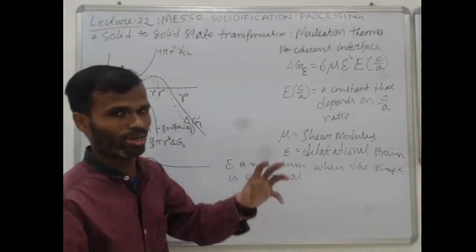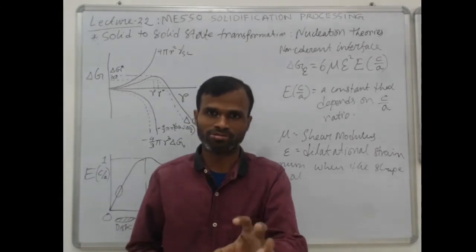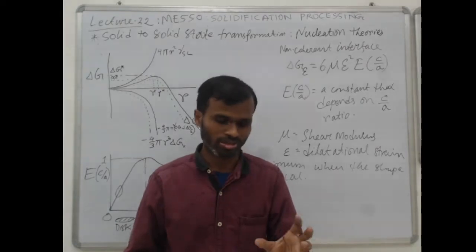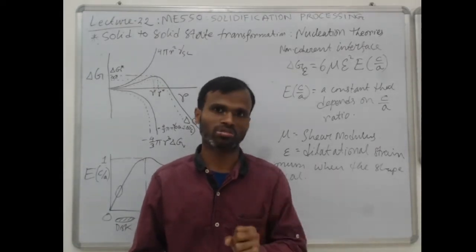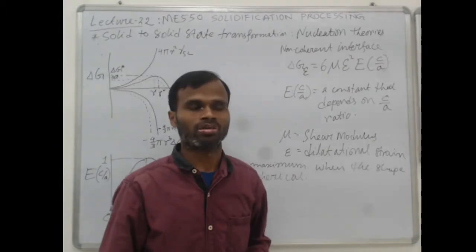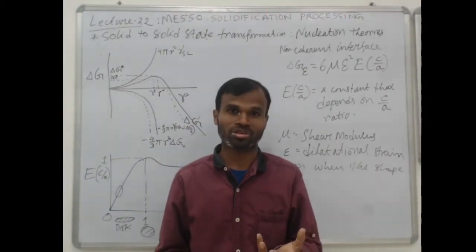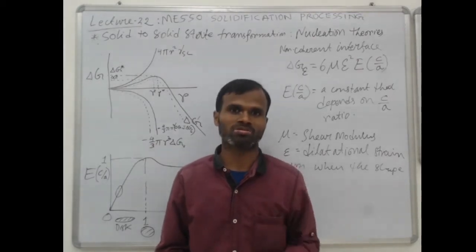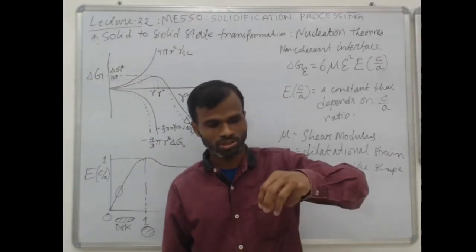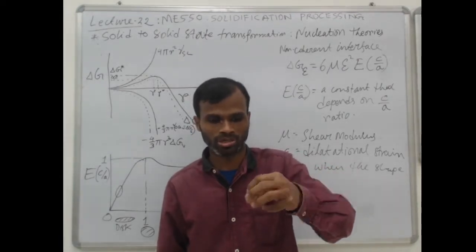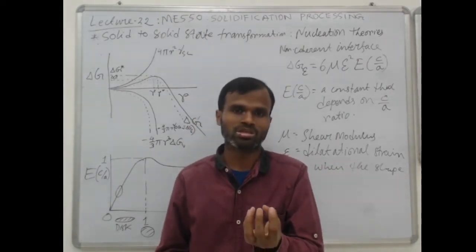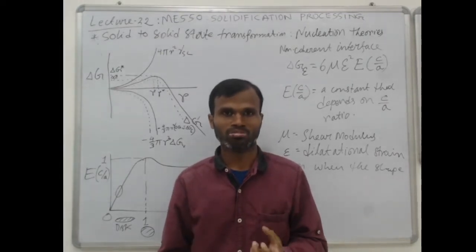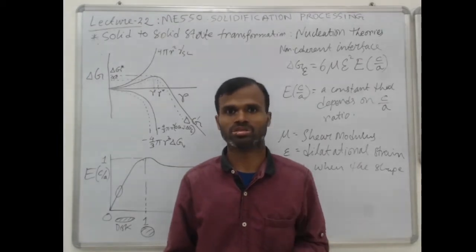That means when you have a spherical beta phase nucleating inside the alpha phase, the strain energy will be the maximum because this constant is maximum. But we know that the spherical shape always has the minimum surface energy. In nature, if you have a water droplet or any liquid droplet, they take a spherical shape because they want to minimize the total surface energy.